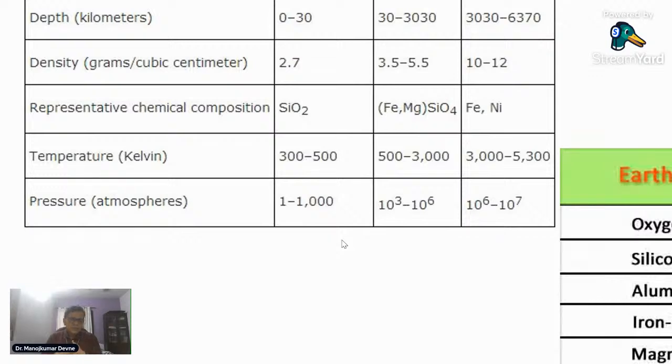And as if this is not enough, you'll see that toward the center of the earth, the pressure is so huge, that, 1 million atmospheres, that it actually liquefies everything.